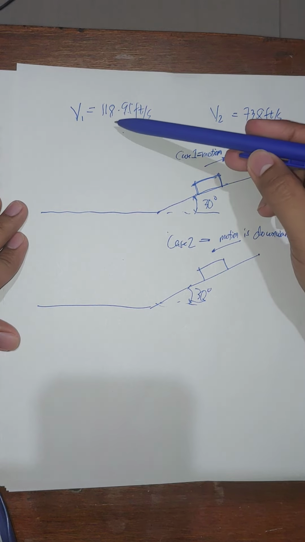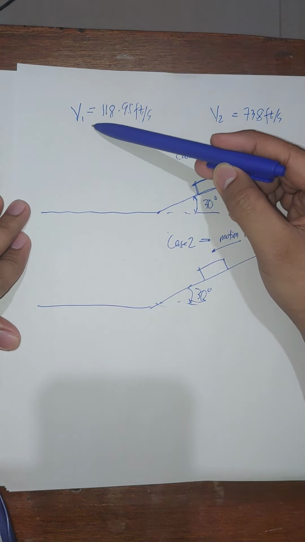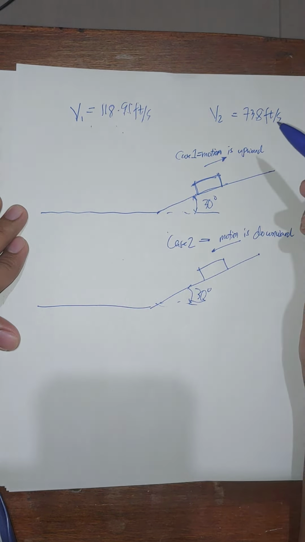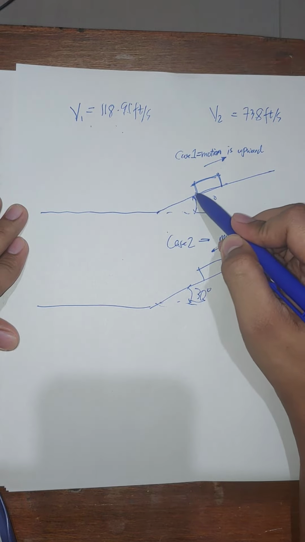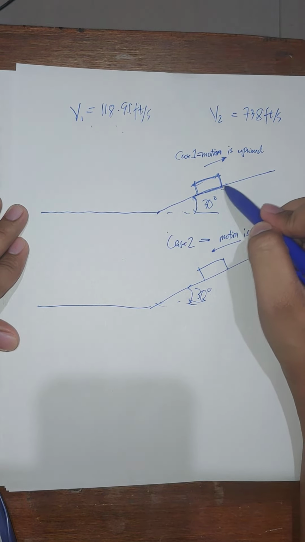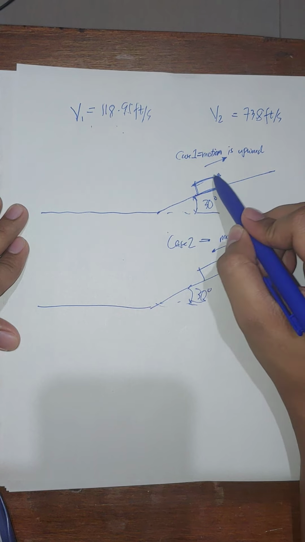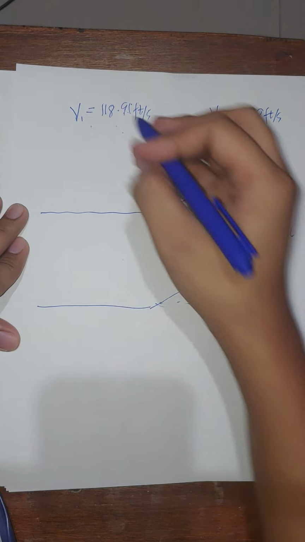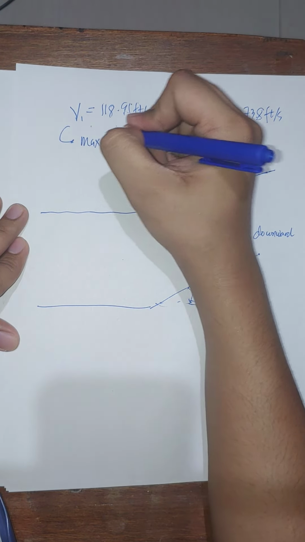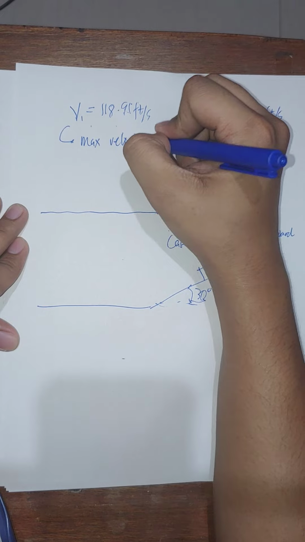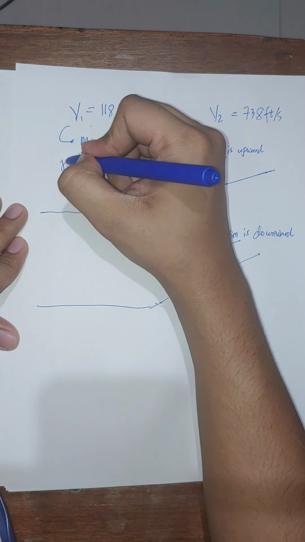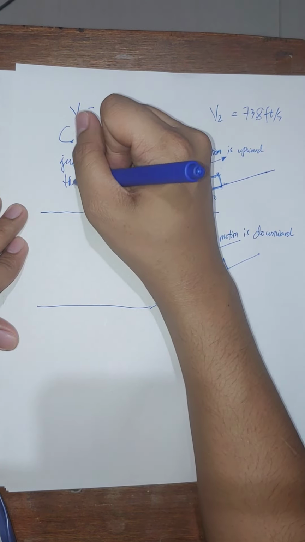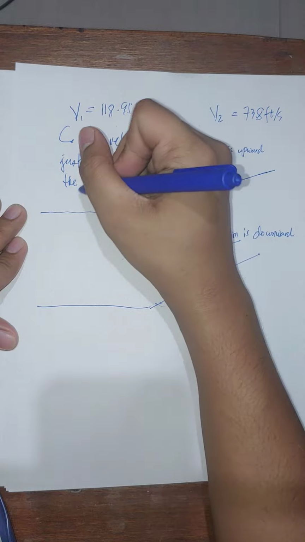For our case 1, it means that at 118.95 foot per second, this is just the enough velocity so that this car, this particle, will not move upward on this slanted surface. So this is the maximum velocity, just enough for the car not to slide upwards.